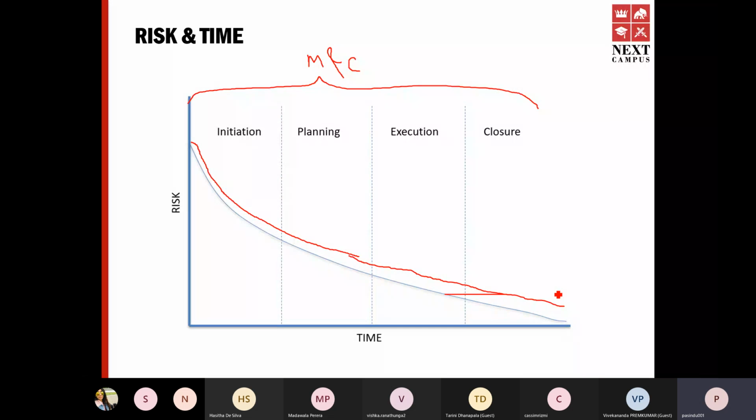They spend a lot of money, effort, and energy. But once you are in the school, you won't spend that energy to push them to study. It decreases gradually, right? It's the same cycle in a project.